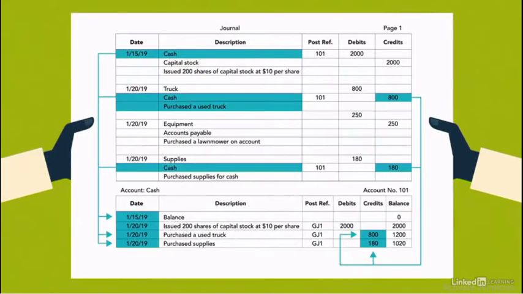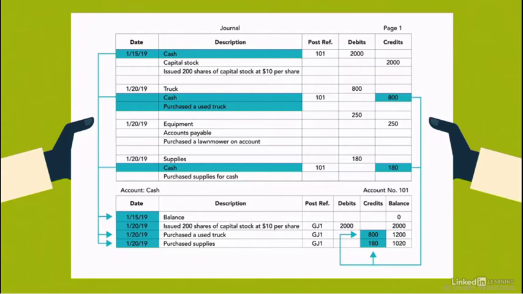Now, you can see that the cash account is constantly updated as journal entries are posted. The cash account you see here serves the same purpose as the cash column in the spreadsheet that we've been reviewing. All the transactions related to a specific account are accumulated together. Now you can see why a spreadsheet would quickly get unwieldy if we had several hundred accounts.